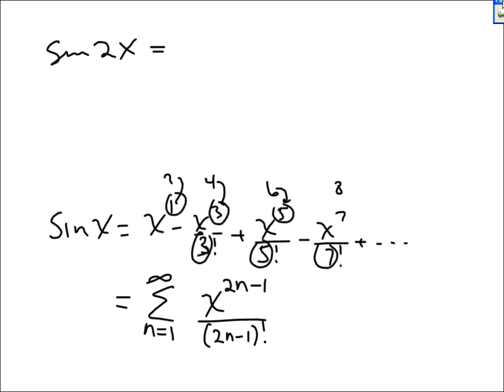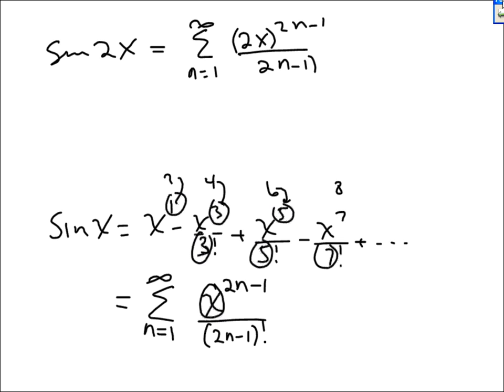So now the sine of 2x, well, instead of x, you just plug in 2x. N goes from 1 to infinity. Instead of x, you put 2x to the 2n minus 1 over 2n minus 1 factorial. And there it is. Problem is over.